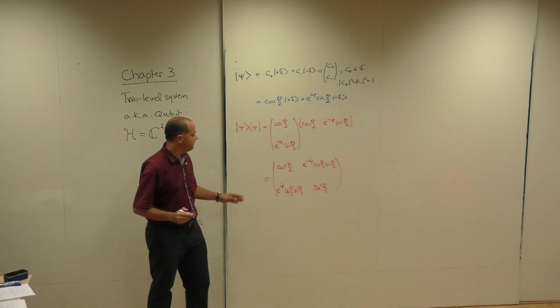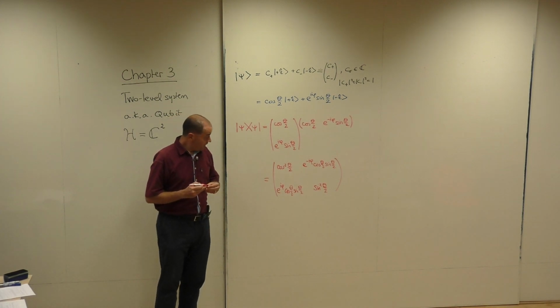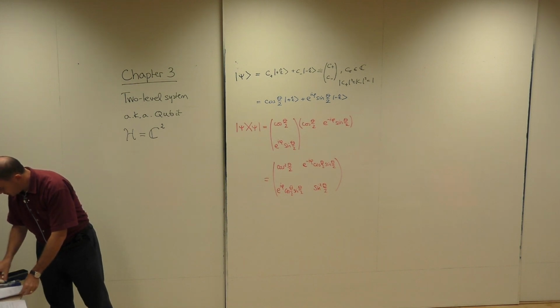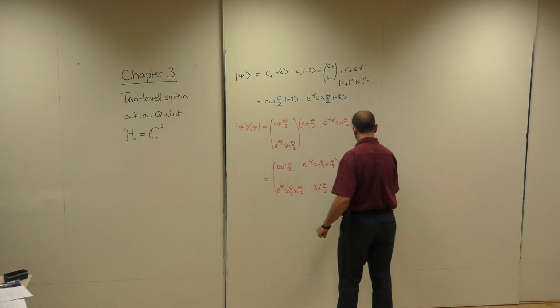And you may say, well, this does not look particularly appealing either. But this one is very appealing because you can check, and this I will leave as an exercise if you want, that this object is equal to this.